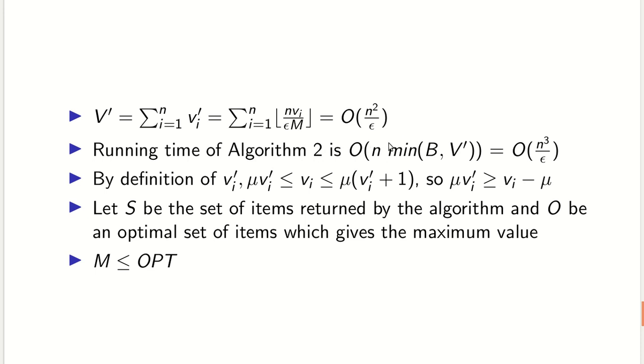So the algorithm 2 running time will be n times the minimum of B comma V dash, and its value will be order n cube by epsilon. So it's clearly polynomial with respect to n and polynomial with respect to 1 by epsilon. By definition of vi dash, this particular inequality will hold.